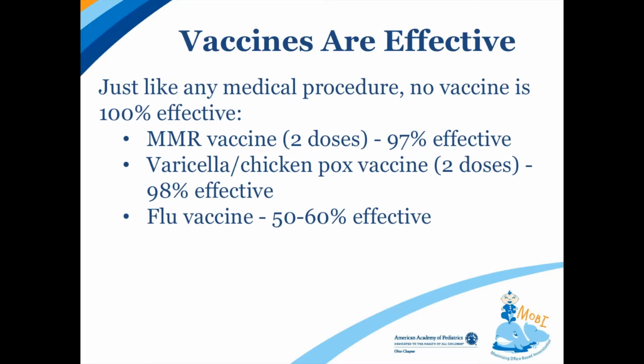So these vaccines are incredibly effective too. Whenever you think about, well, should my child get a vaccine, you have to look at the cost versus benefit to the family, right? So no vaccine is 100% effective. But if you take a look at the MMR vaccine, just after 2 doses, it's 97% effective.